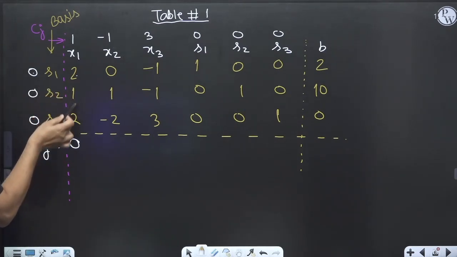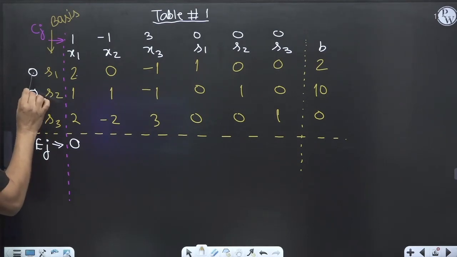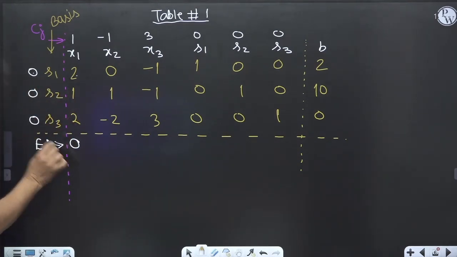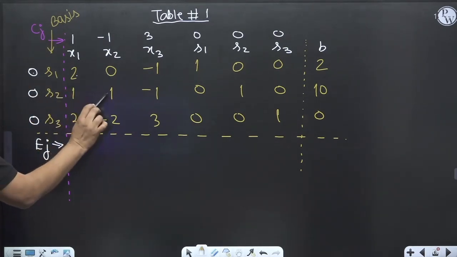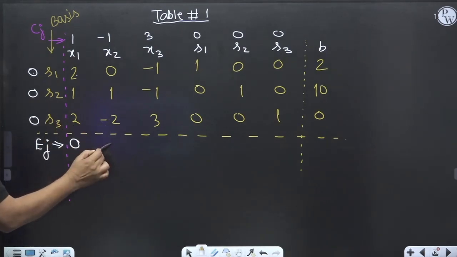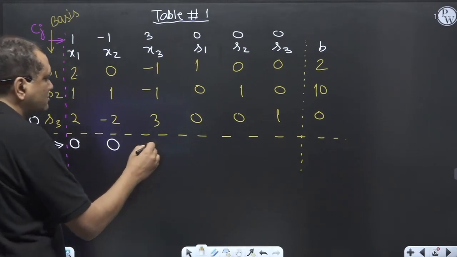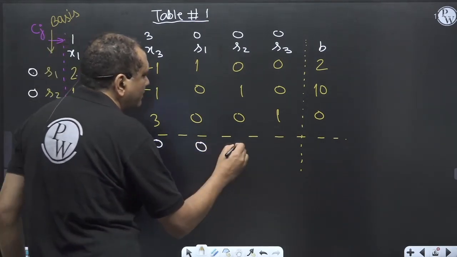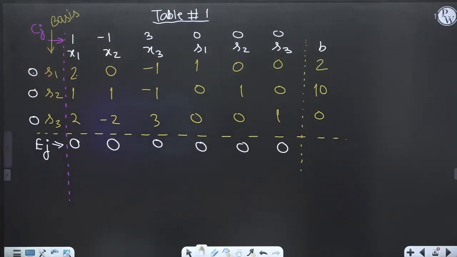Because everything is 0, so it will be 0. This into this plus this into this plus this into this, write it here. Because all these values are 0, you will get 0 everywhere in the row.